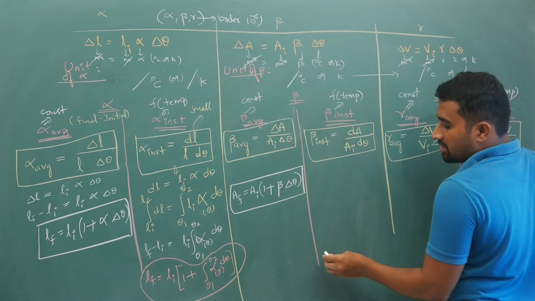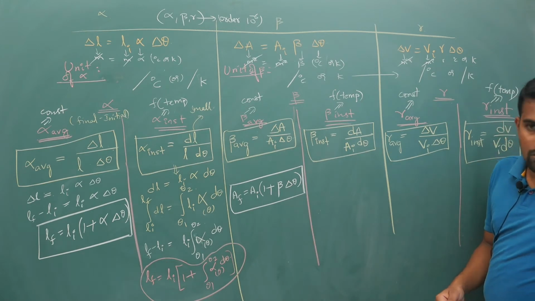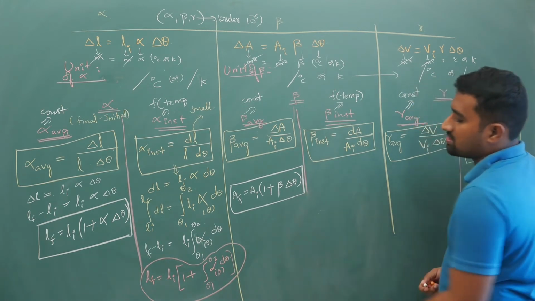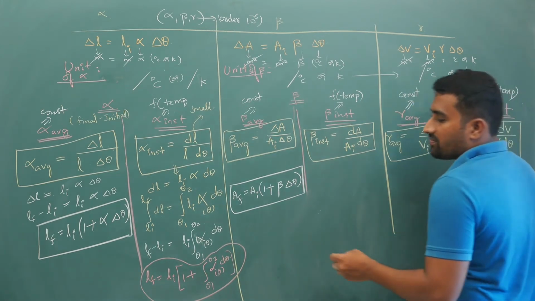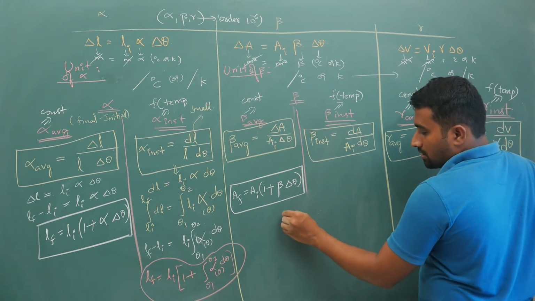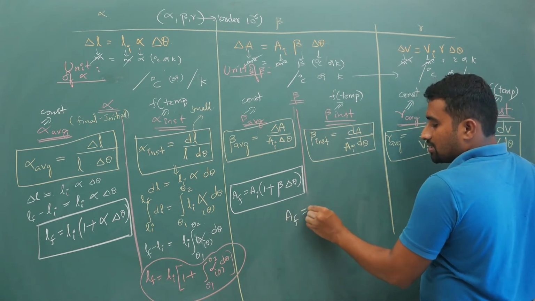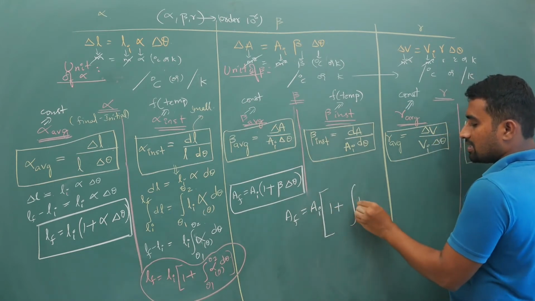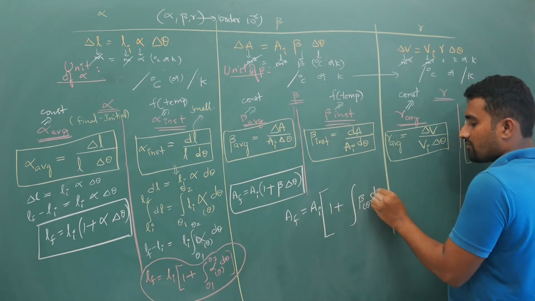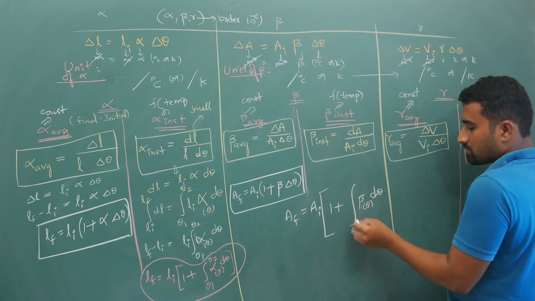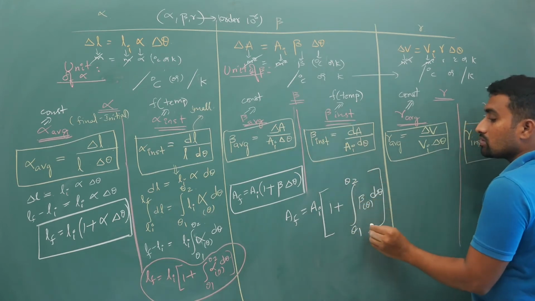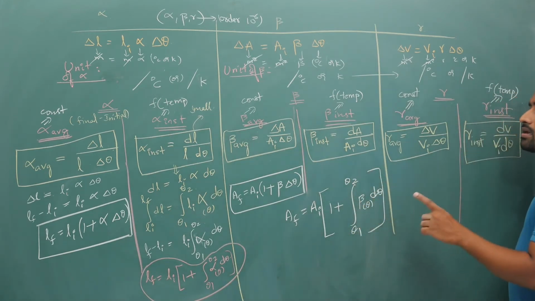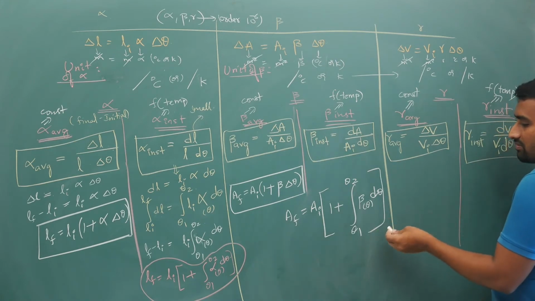If the instantaneous value is asked, that is, if beta as a function of temperature is given, in case of superficial or areal expansion, your A final is A initial times (1 plus integral of beta as a function of temperature into d theta from theta 1 to theta 2). Here theta is temperature and delta theta is temperature difference.